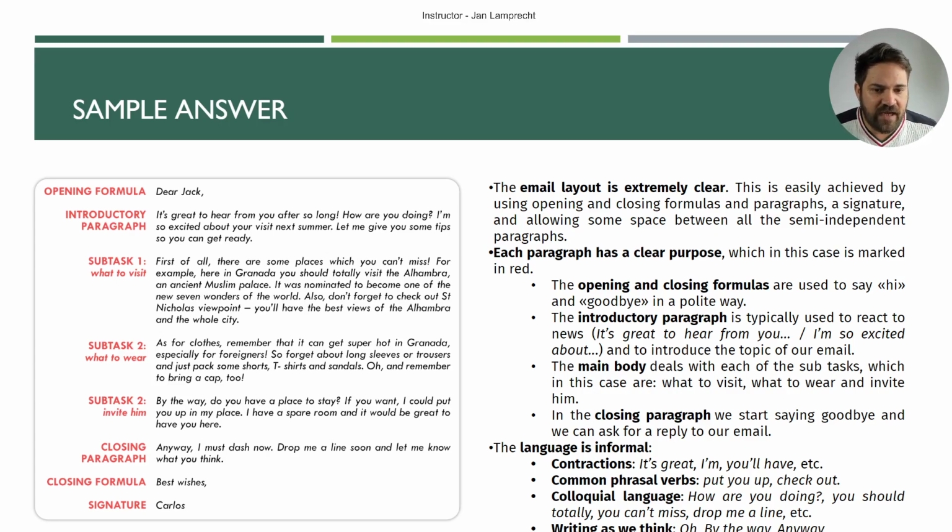Also, don't forget to check out St. Nicholas Viewpoint. You will have the best views of the Alhambra and the whole city. So what to visit? He clearly said the ancient Muslim palace, which is called Alhambra. Great. Task achievement for now, well done.